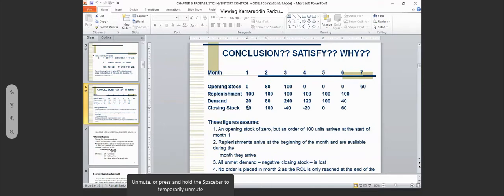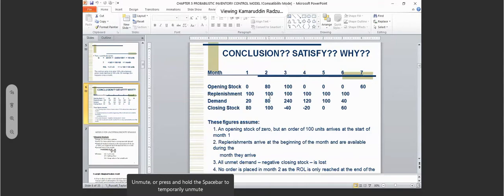and this closing stock will be brought to the next month, the second month. So the opening stock will be 80 units. Because the opening stock is below the reorder point level of 100 units, we need to create a replenishment order of 100 units. But the demand for the second month is only 80 units.